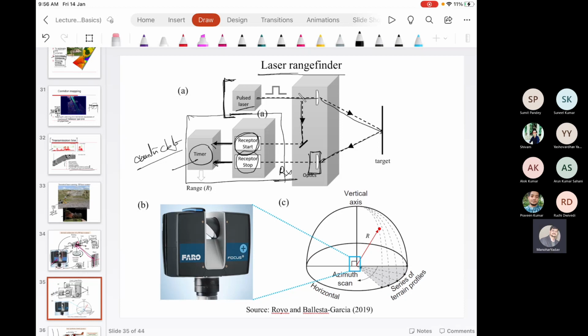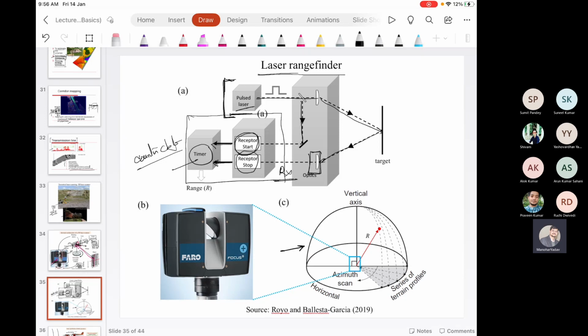Okay. And as you see in figure C, it is a representation of a hemispherical surface within which the laser scanning happens, within which whatever objects are present, if they are hit by the laser beam, their coordinates are computed. Okay.